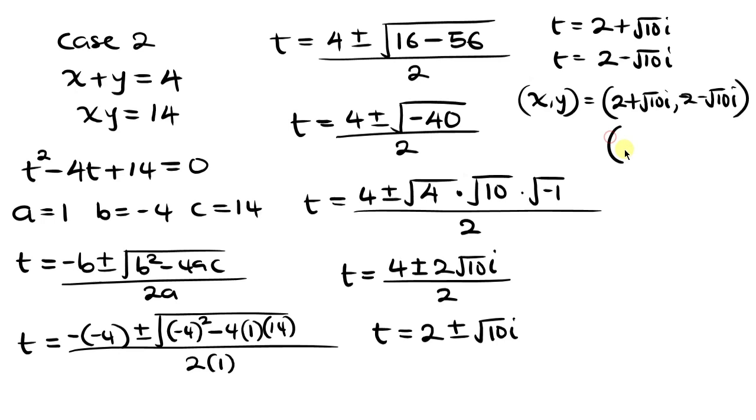Then interchangeably, x can also be 2 minus the square root of 10 times i, while y becomes 2 plus the square root of 10 times i. And this is our final solution. So we have 2 real solutions and 2 complex solutions of x and y, which are used interchangeably.